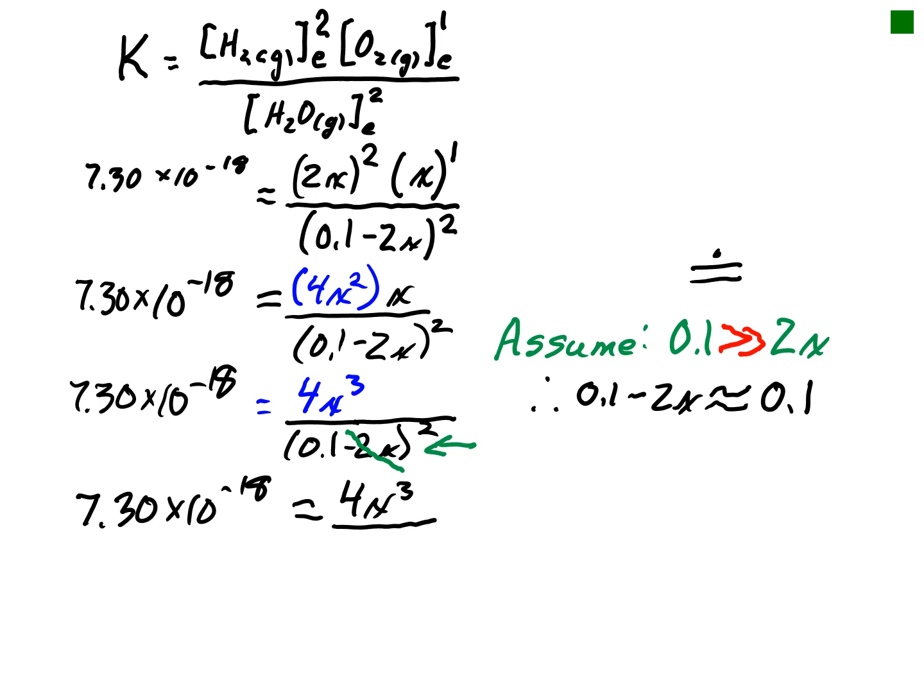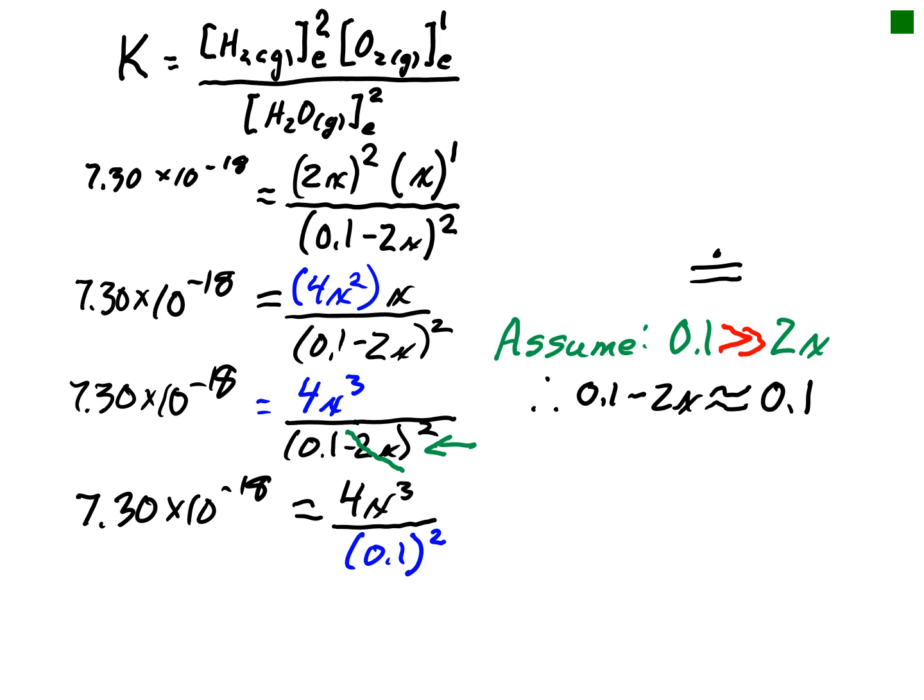The denominator, however, is now going to be 0.1, close the bracket, squared. I can make that statement because I've assumed that the negative 2x is so small that it's negligible compared to that 0.1. Well, suddenly this went from a cubic function that was going to be very hard to solve to a cubic function that's a lot friendlier to solve.